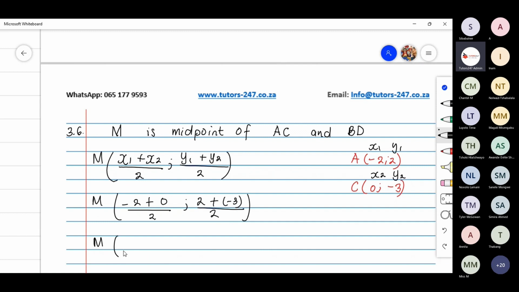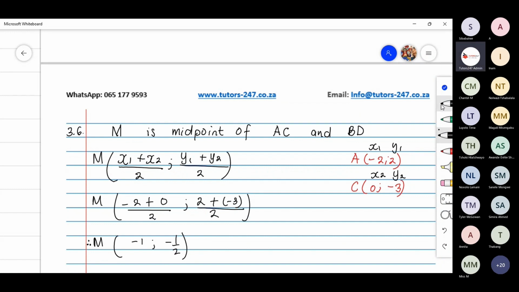From there, we can put each part into our calculator. So -2 plus 0 all over 2 gives us -1. And 2 plus -3 is going to give us -1 over 2. So that is the coordinates of M. It is (-1 ; -1/2).